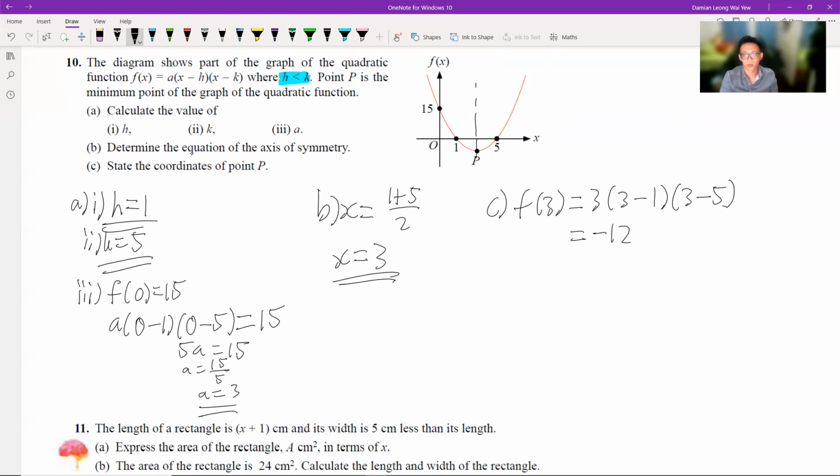Negative 12. Okay. So means point P is 3, negative 12. Yeah, that's for question 10 here.